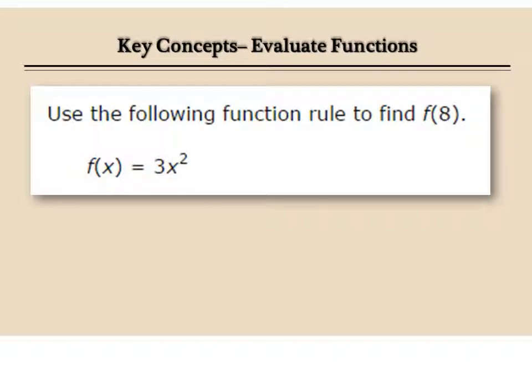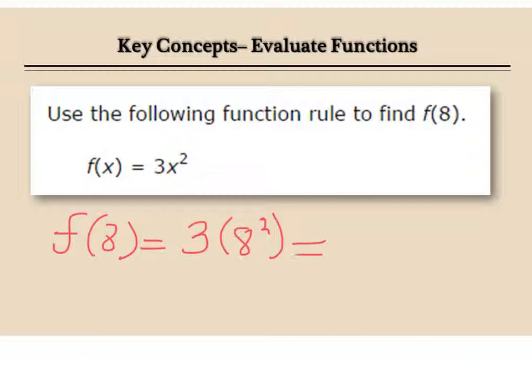We're going to write the problem, put it in our calculator, and solve it. So f of 8 equals 3 times 8 squared. And when you put that in your calculator, you get 192. So f of 8 is 192. And that's all there is to doing that.